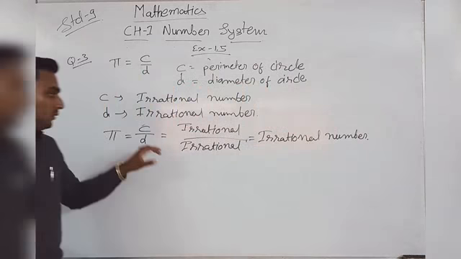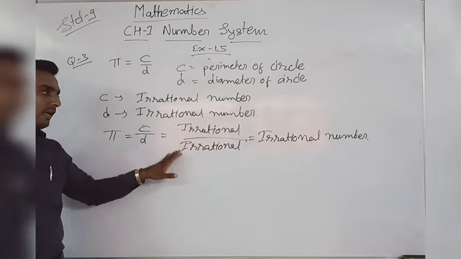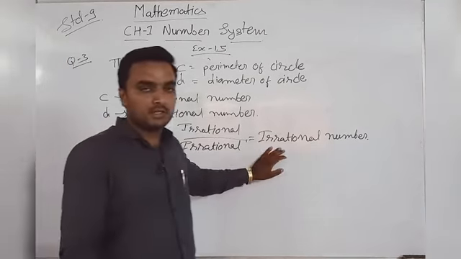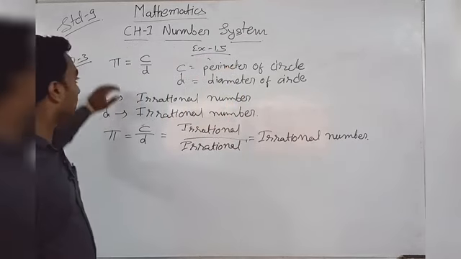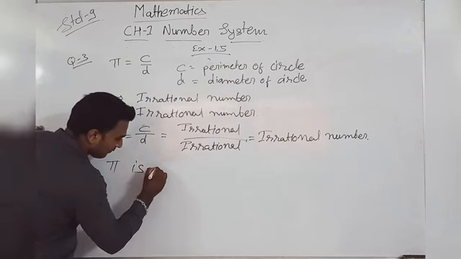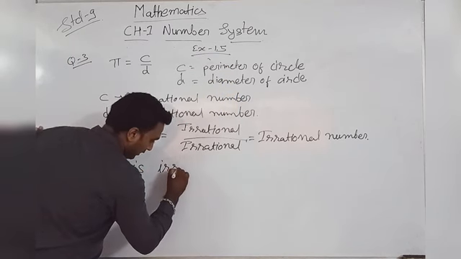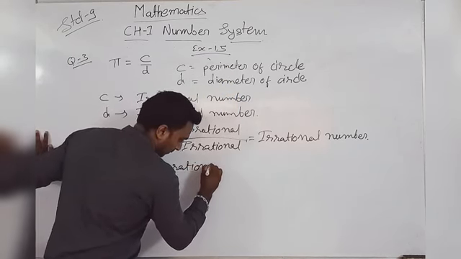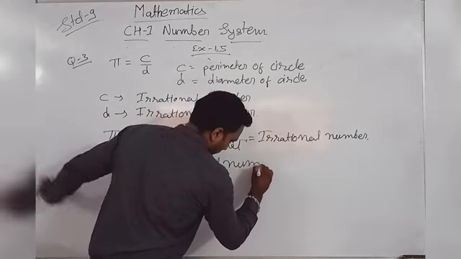Clear? So that's why we can say that pi is an irrational number. So therefore pi is an irrational number. Clear?